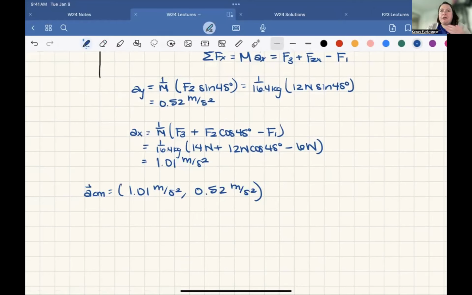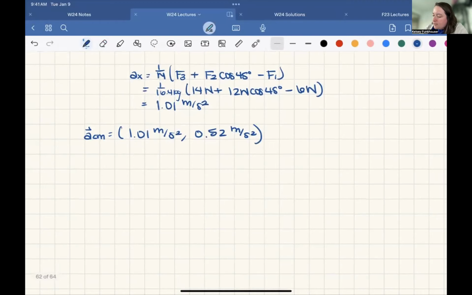I think they actually want the angle and the vector form, or the total magnitude of the acceleration. So the acceleration is the square root of the x component squared plus the y component squared.